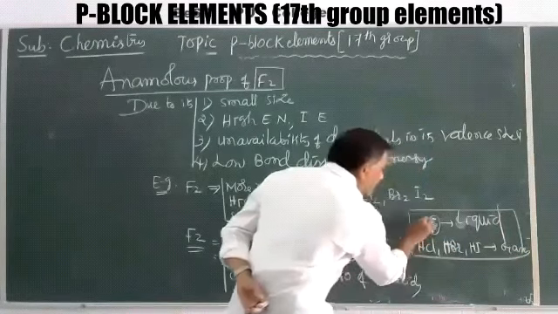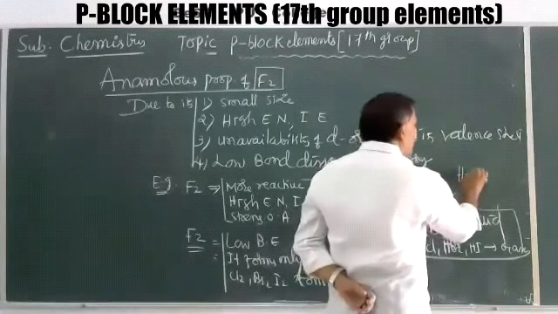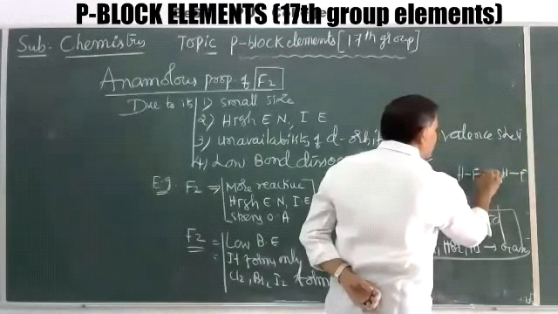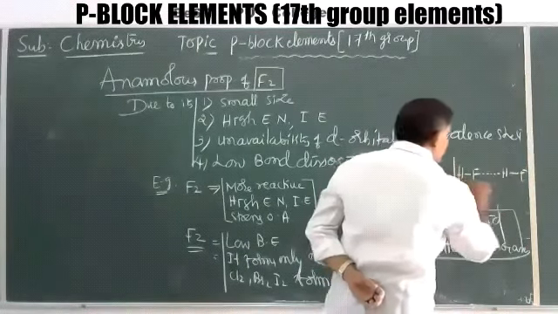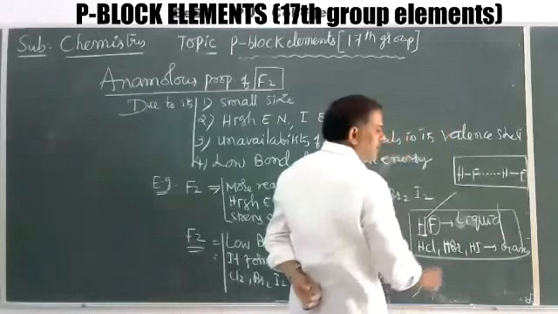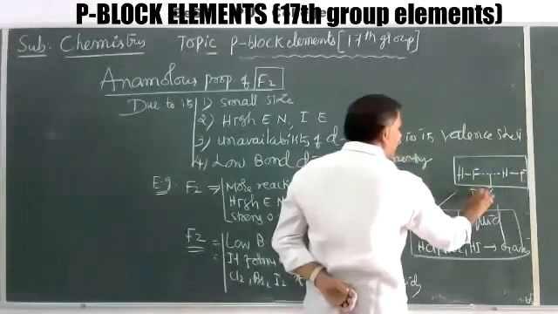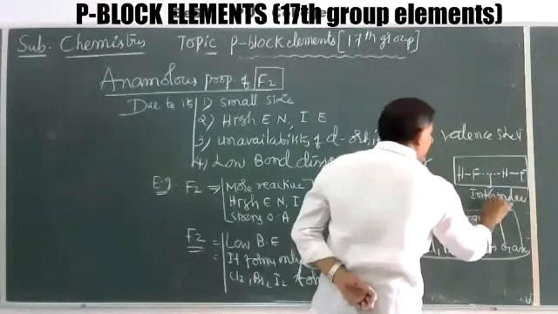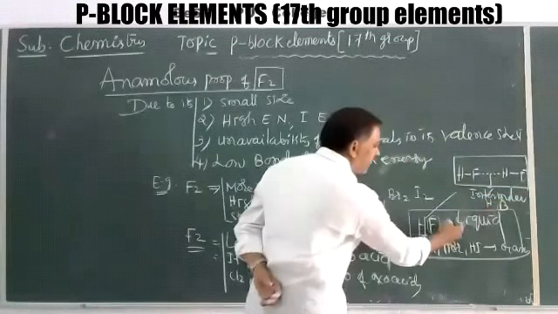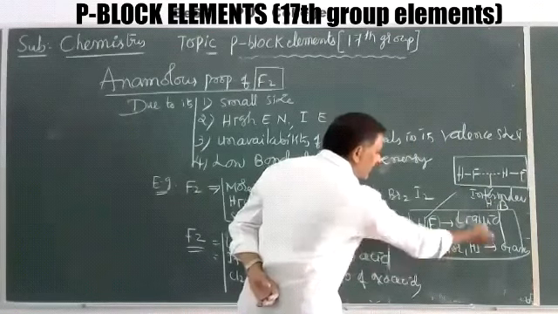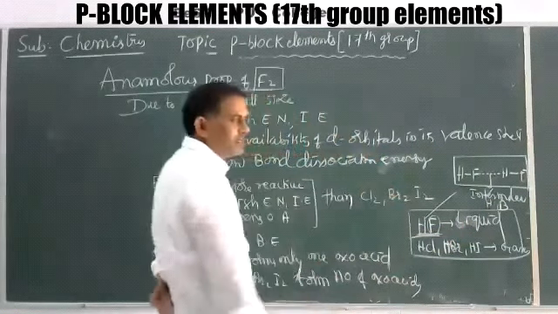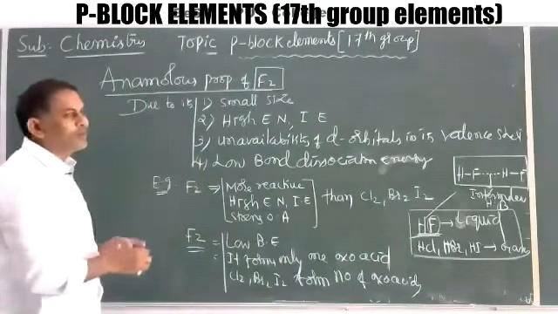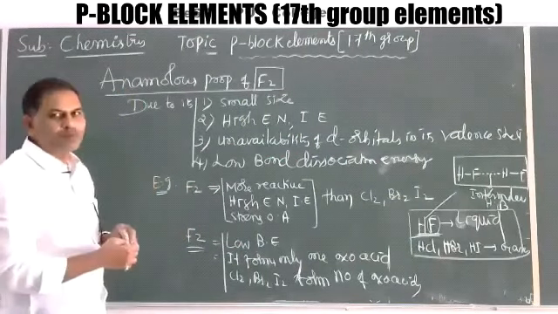In hydrogen fluoride, there exist intermolecular hydrogen bonds. Due to the presence of this intermolecular hydrogen bonding, it exists in the liquid state, while the remaining ones are gaseous. There are some differences between fluorine and the other important elements of 17th group elements.